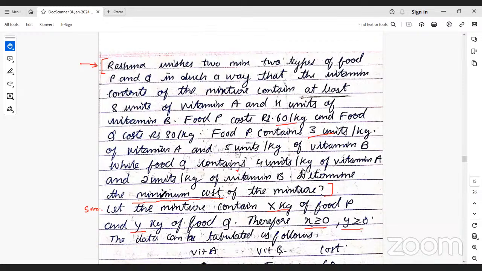Okay, so here we have considered x kg of food P and y kg of food Q. Now this food P and food Q is present in the mixture. Food P is also consisting of vitamin A and vitamin B, and food Q is also consisting of vitamin A and vitamin B. Further we can draw a table based on the information.